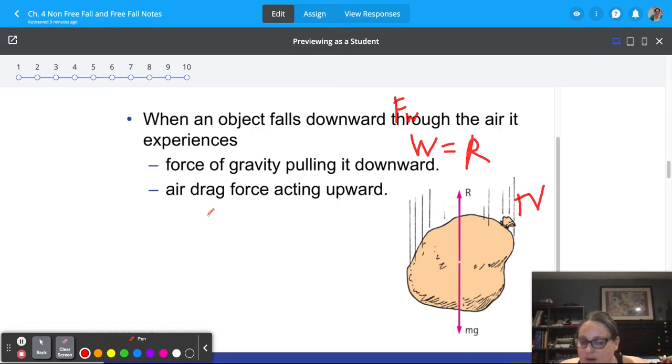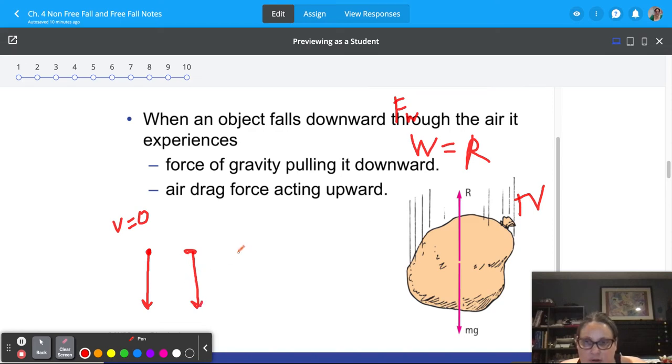So we start off with this rock right here, and it has that weight arrow downward. And when velocity is 0, and this is what you're writing in your notes, we have the weight of gravity acting on the object, but we don't have air resistance. Then as it starts to fall, pretend like these are all uniform and pointing down.